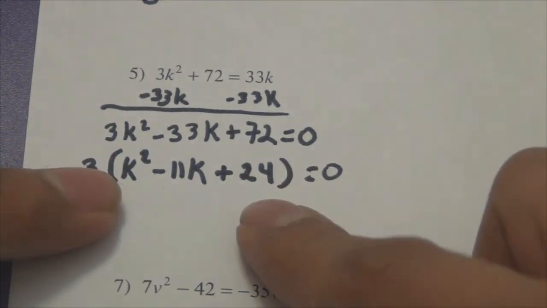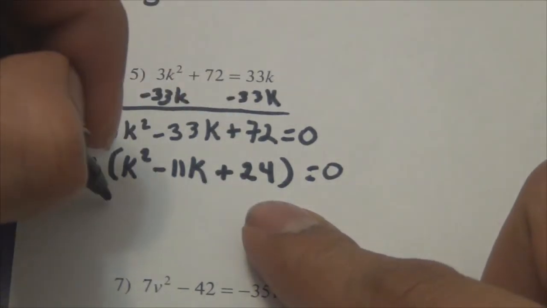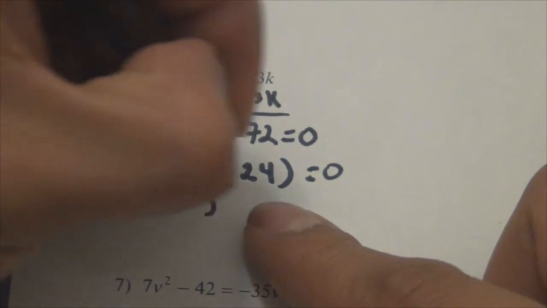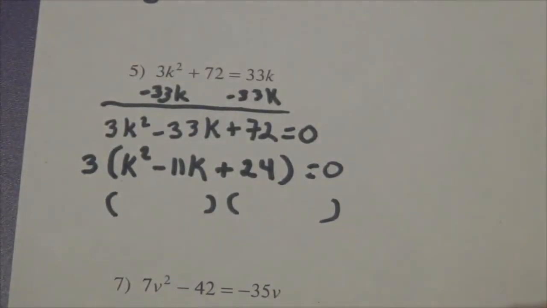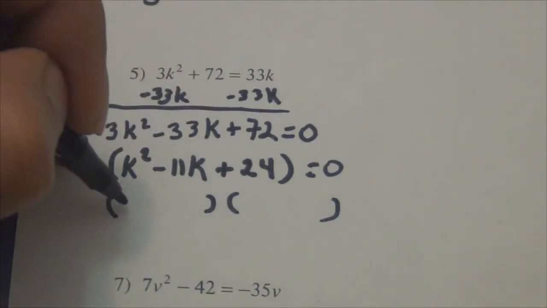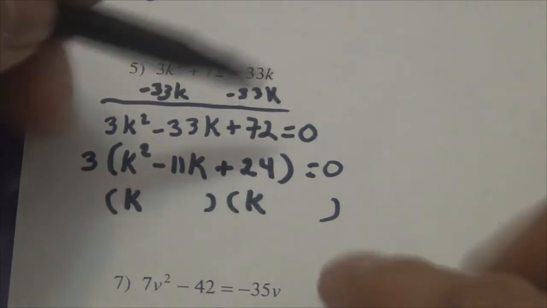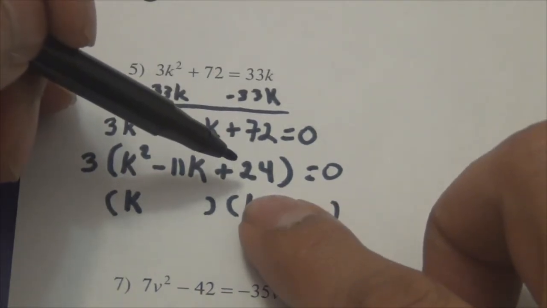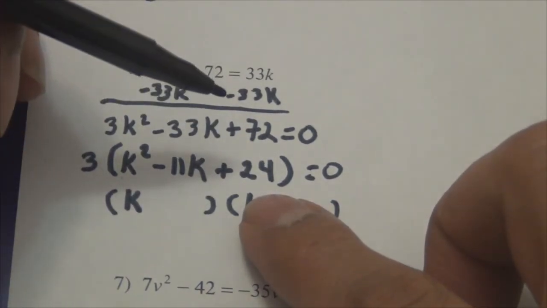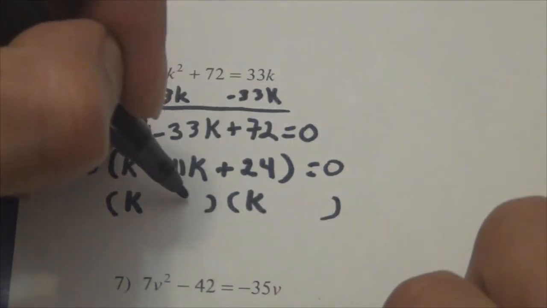Now you're going to factor this expression. So you open the parentheses. Factors of k squared: k and k. Factors of 24: 8 and 3. Yeah, it works.